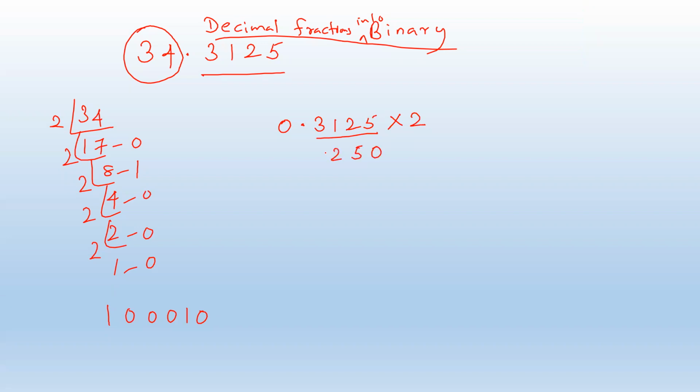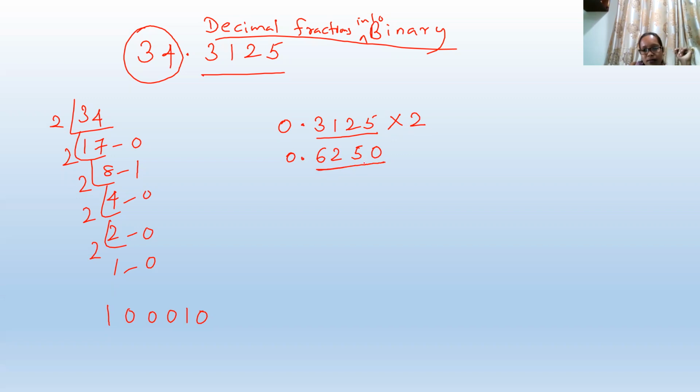Again, take only the fraction part and multiply it by 2. Once you multiply 0.625 by 2, that is 1.25. Again, what you have to do?